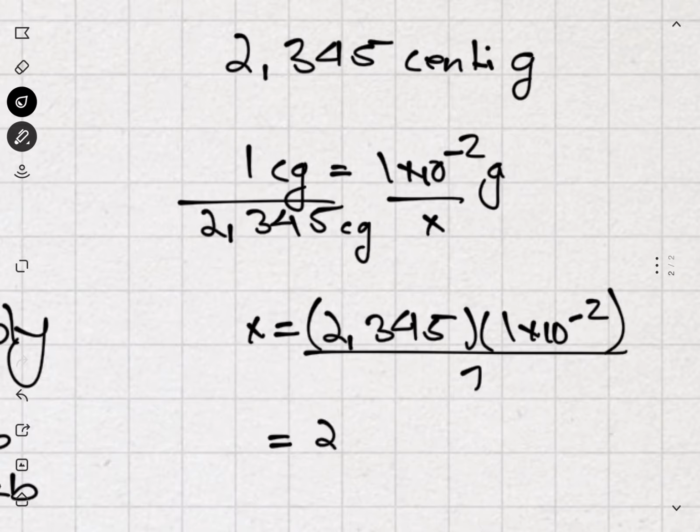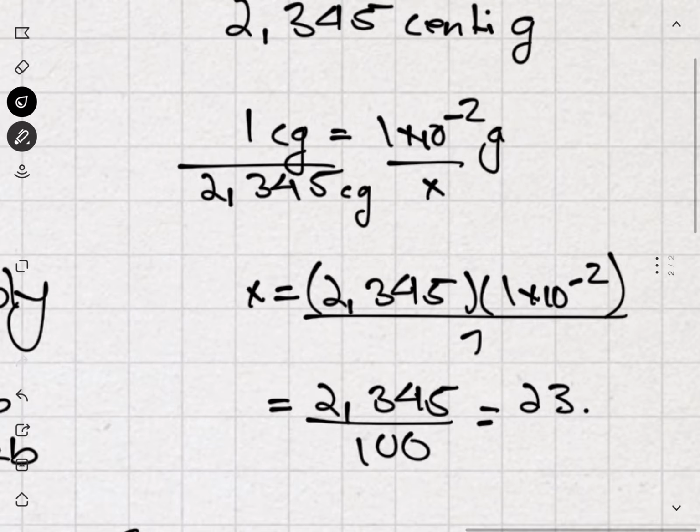And so this is just 2,345 divided by 100. And so you have 23.45 grams. If you've got any questions on that, these questions can get a little tricky. The decimal place just needs to be moved around. If you have any questions, just let me know.